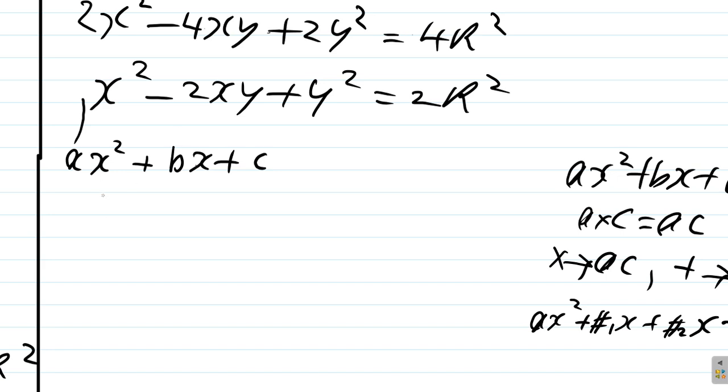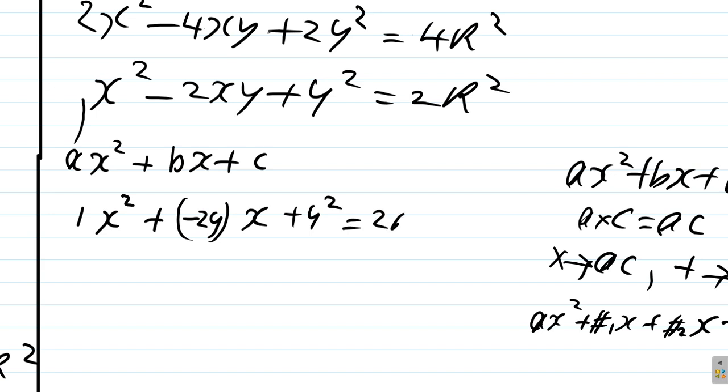Let's write it as 1x squared plus negative 2y x plus y squared equal to r squared. Alright, so A is 1, B is negative 2y. Remember, we're looking at y as just a number. So our A is 1, our B is negative 2y.